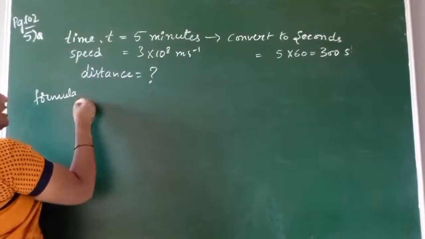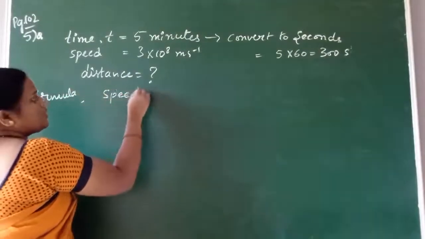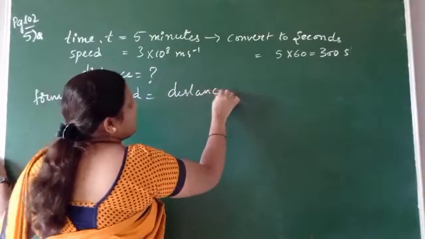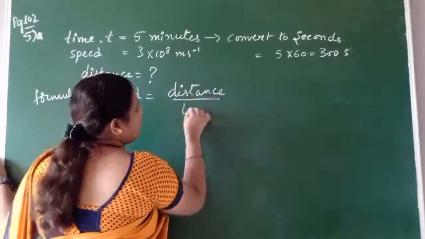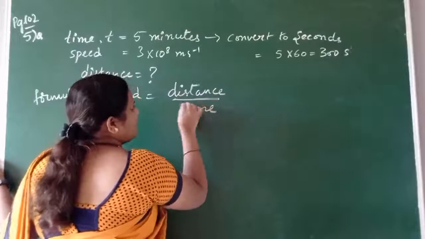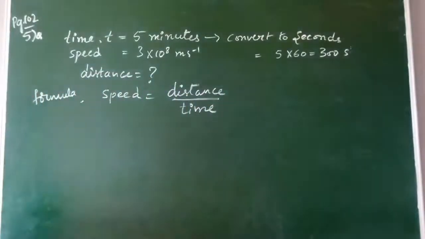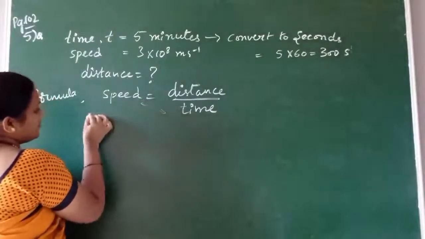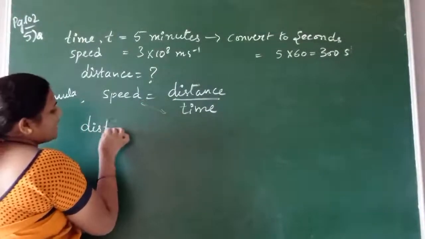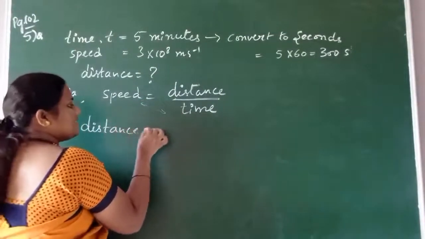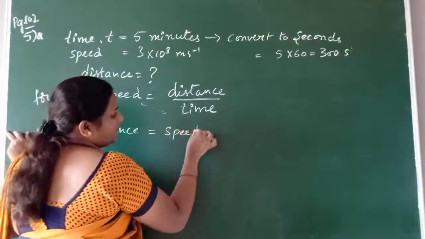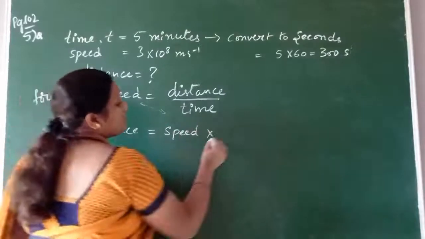Let us take the formula. Speed is equal to distance divided by time taken. But what we want here is distance. So cross multiply, and this formula can be written as distance is equal to speed into time.